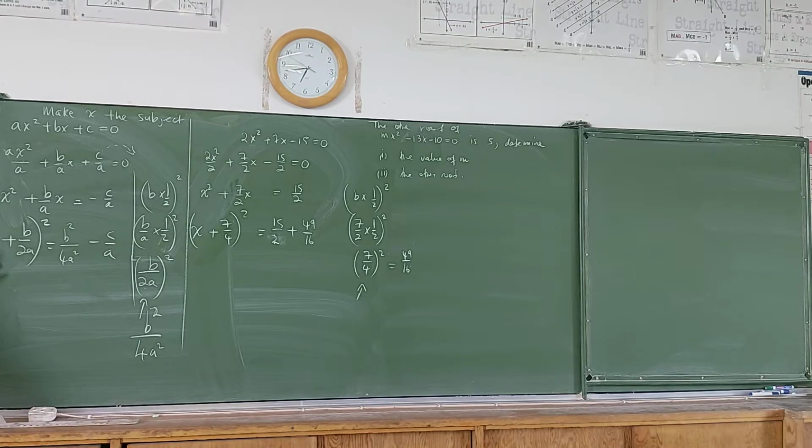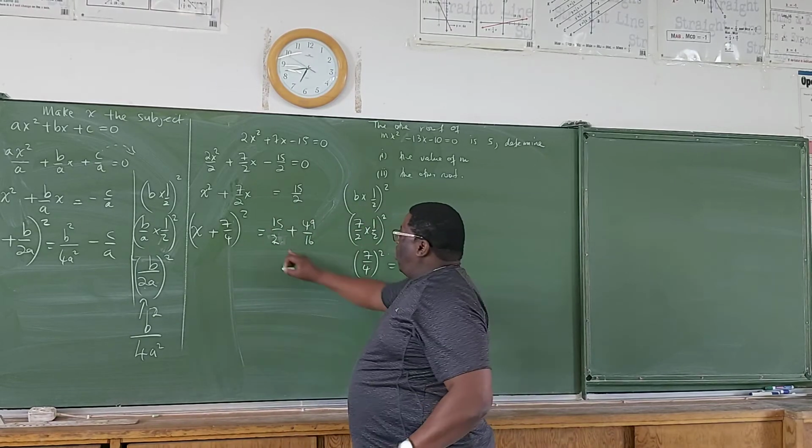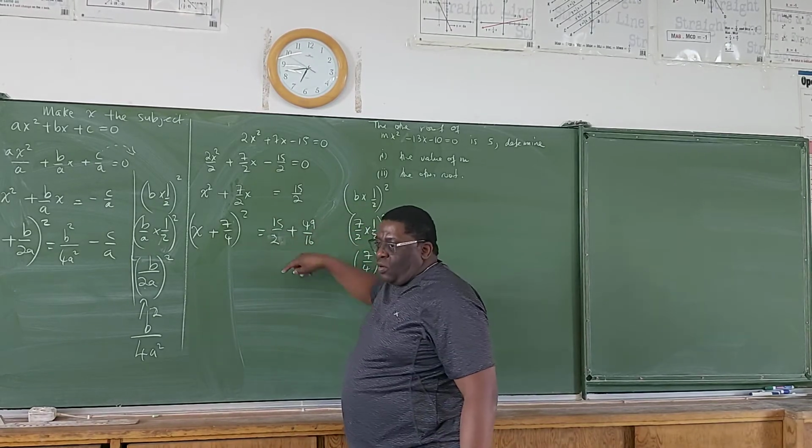I'm nearly done here, because the only thing I need to do is take the square root. On the left side, I have two terms which I want to write as one term. I would do the same with the number. Of course, you can get this on your calculator, no problem.